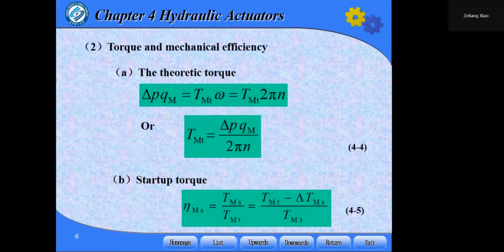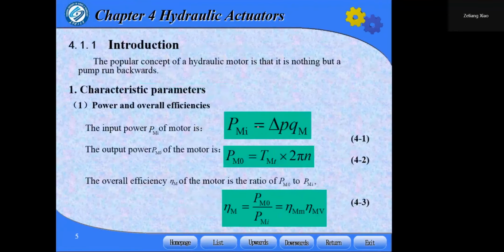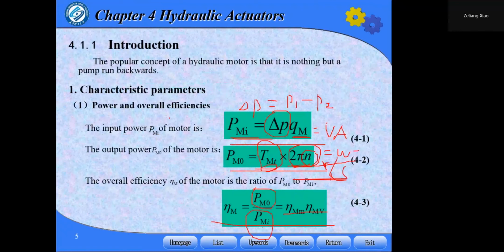Second is the torque and the mechanical efficiency. The theoretical torque can be calculated in this form. We have introduced that the angular speed equals this one, and this is the input power.